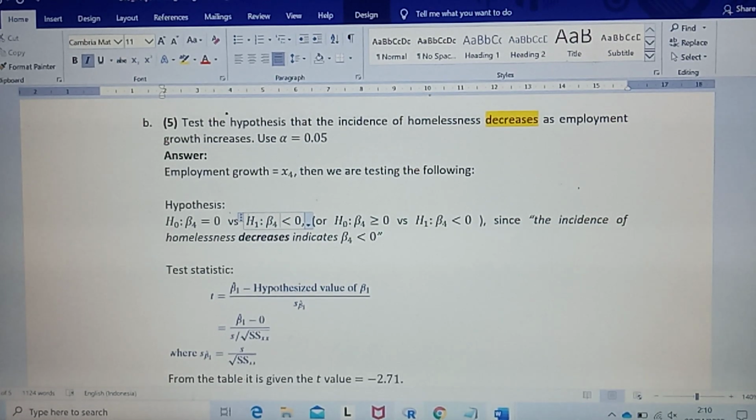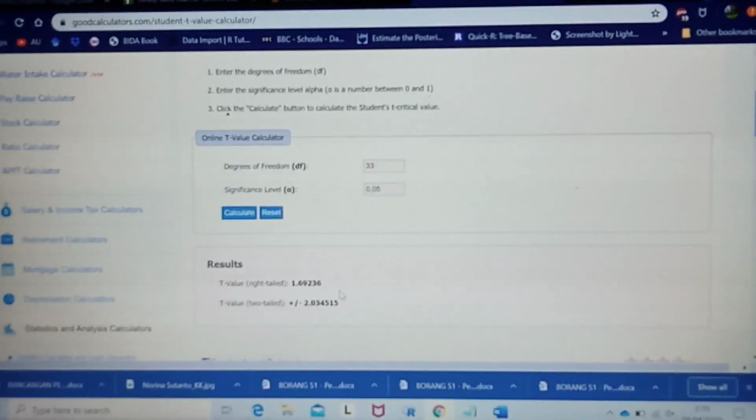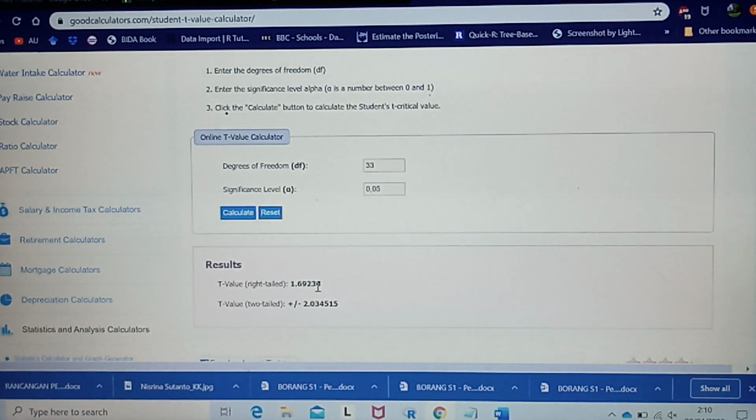So according to this result, it is 1.69 but it is the right tail, so we will take the left tail, because we are testing a one-tail hypothesis on the left because beta is less than 0. Because the t distribution is symmetric, we know that for the left tail it should be minus 1.69.